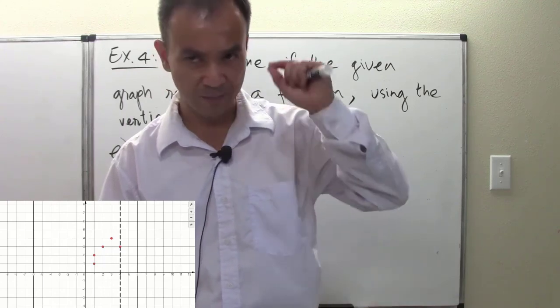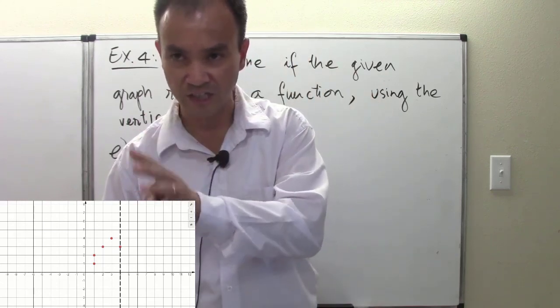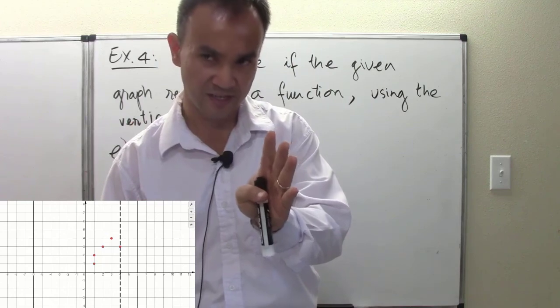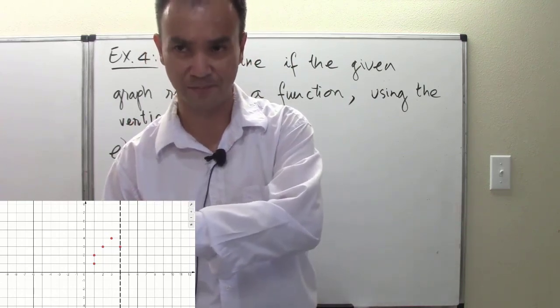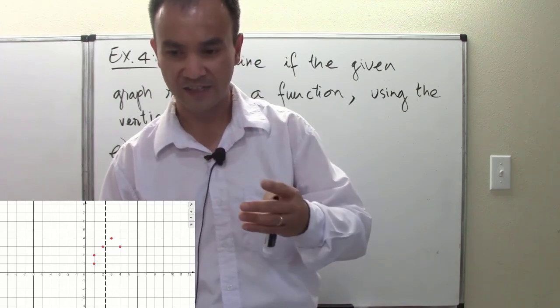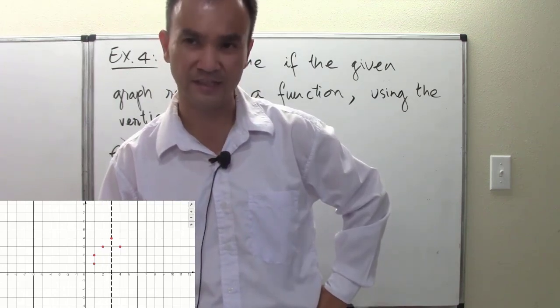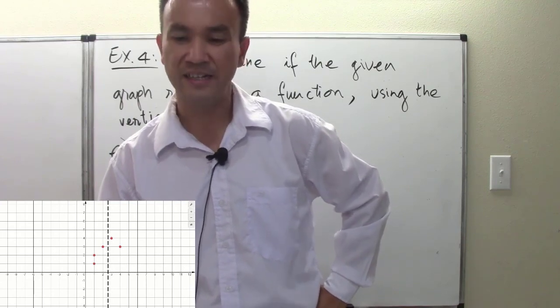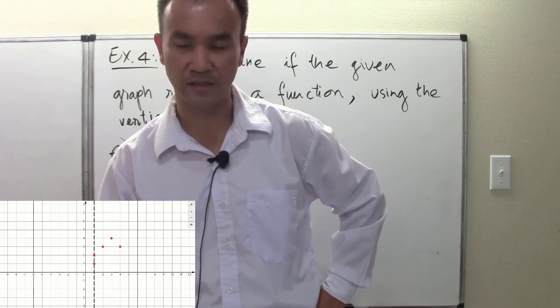Just because it passes at one place doesn't mean you stop. You have to continue the test, and once you've reached all testing points and it passes, that's where it works. So let's place our vertical line at another spot. Does it pass? Yes, it passed. What about here? It still passes, right? But what about here? Oops.